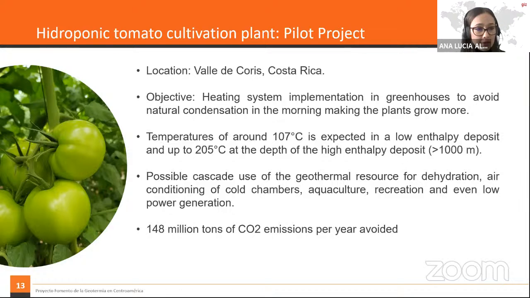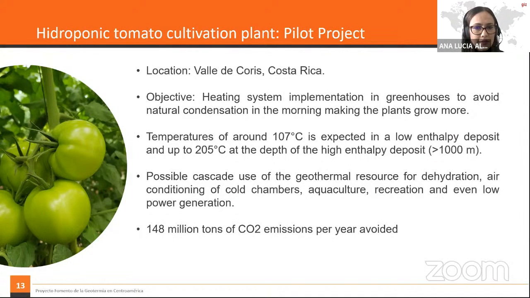We expect to develop a possible cascade use in this specific project, not only for this control of temperature, but also for dehydration and air conditioning for cold chambers, also aquaculture in the area, and eventually, why not, recreation in the area too.